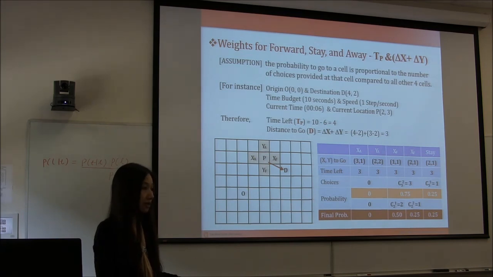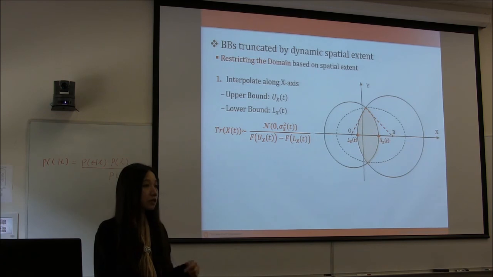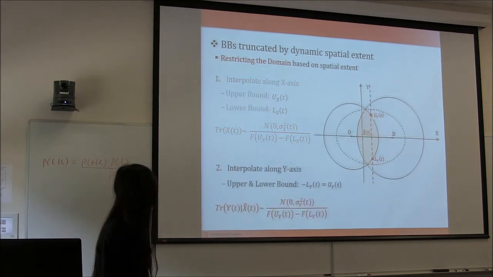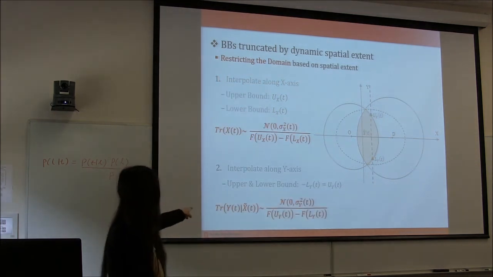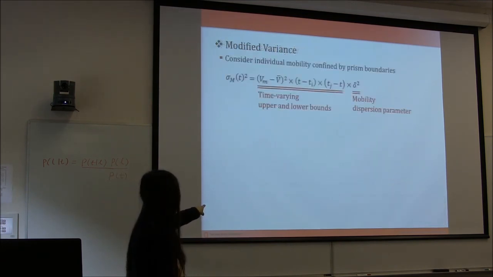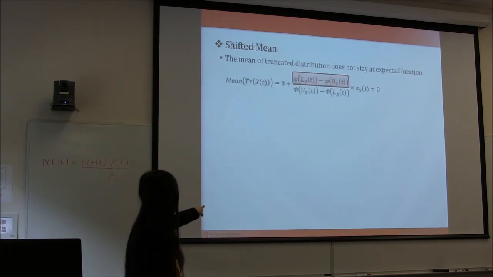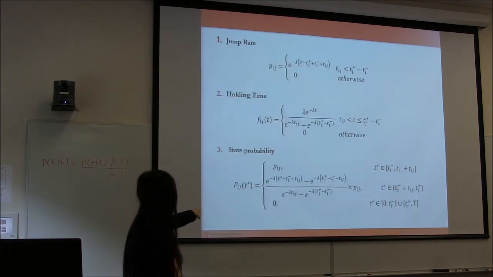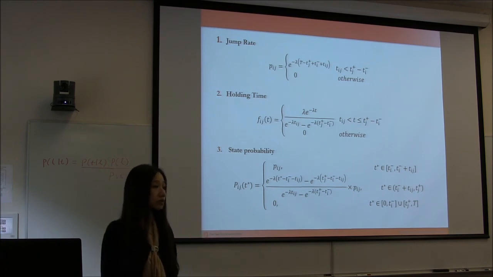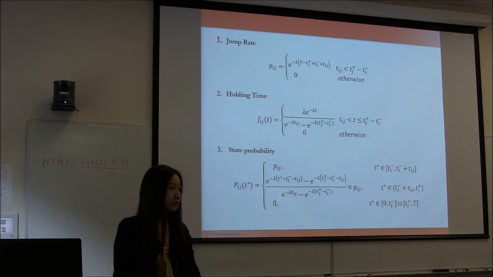And for the Markov chain, we use the exponential distribution, which is the traditional way of doing Markov process modeling. I do have the formula over here. For the Brownian bridges, we have the truncated normal distribution, and for the Markov process, we have the jump rate, holding time, and state probability based on the exponential distribution. So for different methods, we use different distributions to derive.